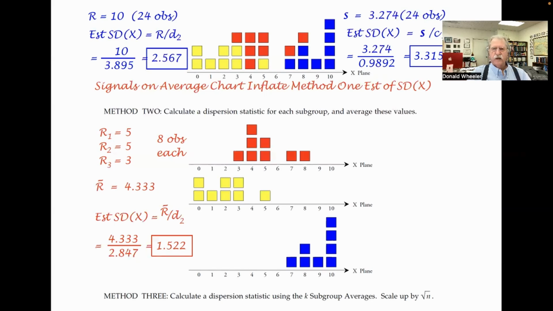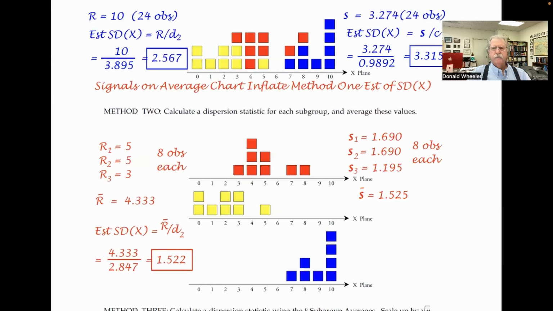If we use the standard deviation statistics, well, the standard deviation statistic for the red subgroup is 1.690. The standard deviation statistic for the yellow subgroup is 1.690. The standard deviation statistic for the blue subgroup is 1.195. The average of these is 1.525.